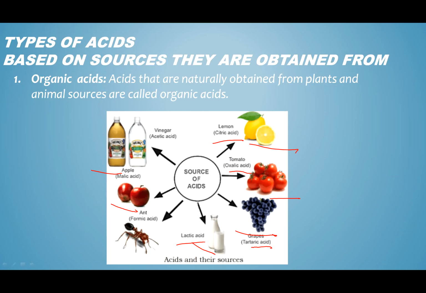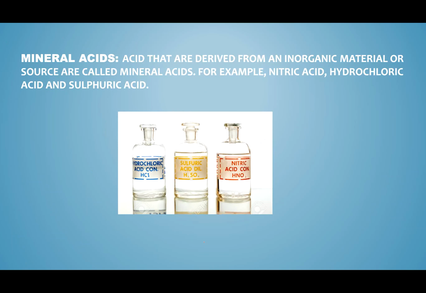The other classification is that, other than organic, those derived from inorganic material sources are the mineral acids, like hydrochloric, sulfuric, nitric acid. You can see these in the school laboratories, used for analysis, and they are used in the industrial preparation of chemicals.